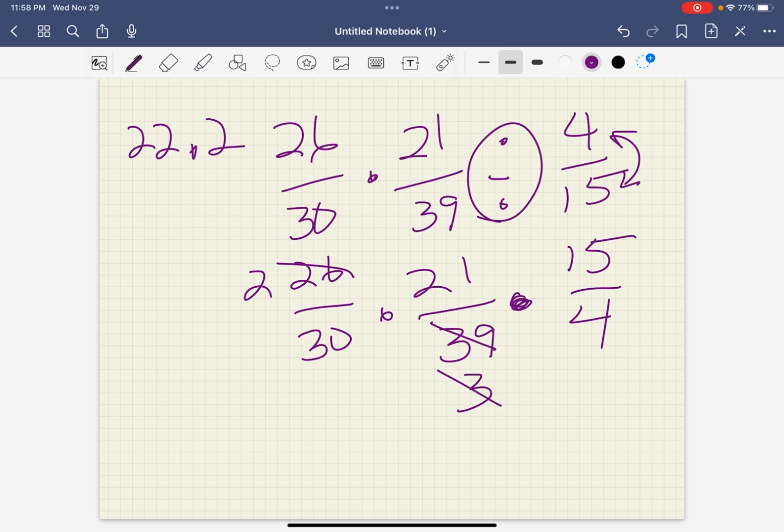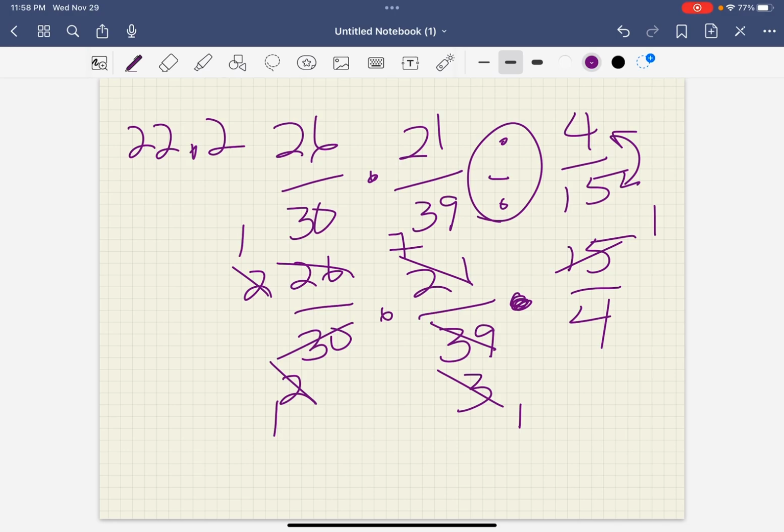Another thing now I can do is take 3 into itself, and 3 into 21 is 7. We could take 15 into itself and 15 into 30. Then we have a 2 over a 2. Well, anytime you have a number over itself, that just cancels out to be 1.